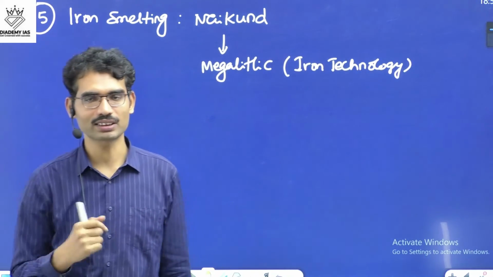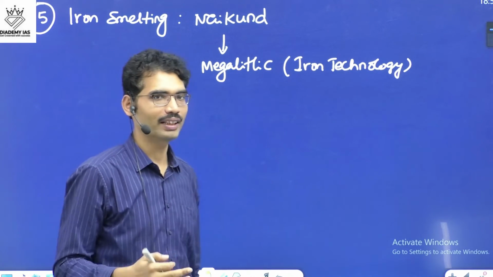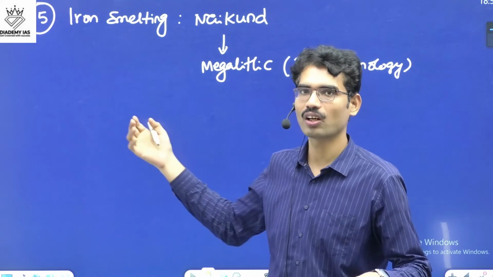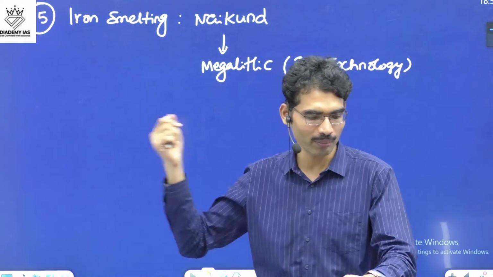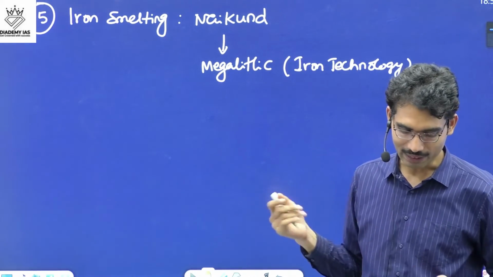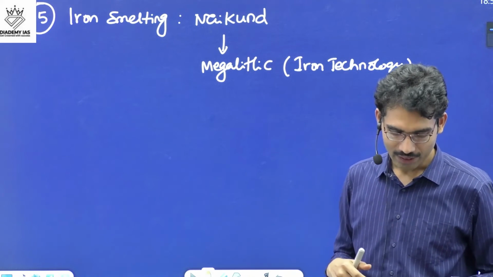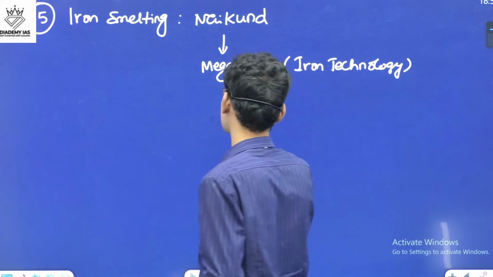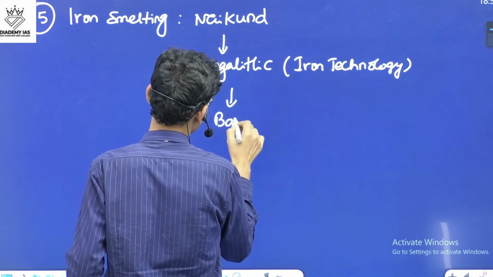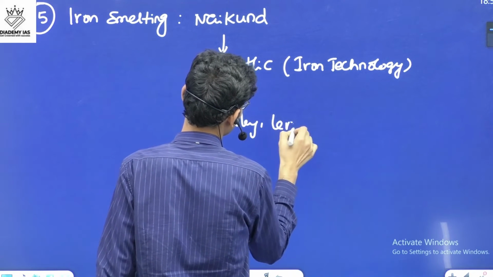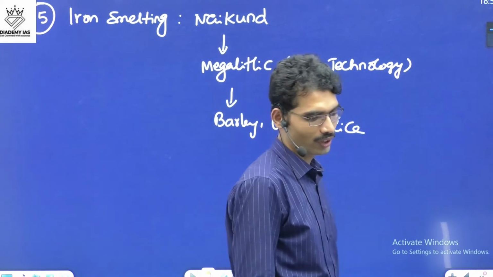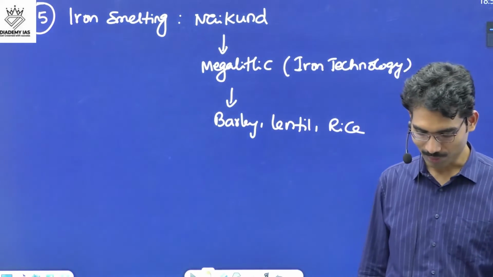It was like a manufacturing site. Many iron tools were manufactured, and they also used them and gave them to other people as well, for metallurgy. And even in this area, crops like barley, rice, and lentil came. We get this information also.